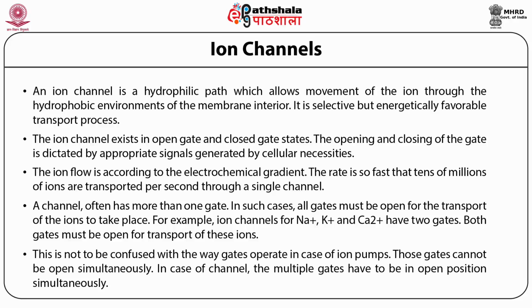Those gates cannot be opened simultaneously. In case of channel, the multiple gates have to be in open position simultaneously. High resolution X-ray and some functional measurements have confirmed the above picture, which distinguishes pumps and channels.